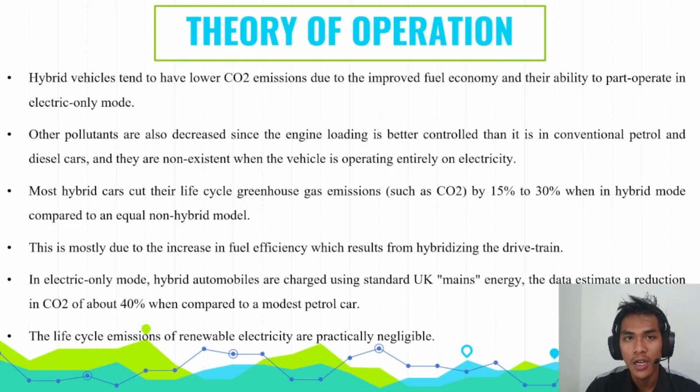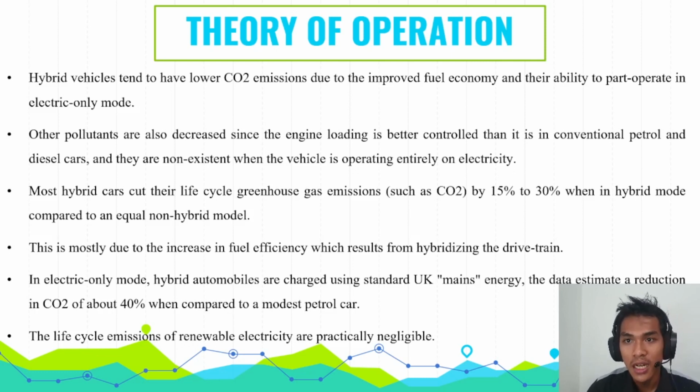My name is Ahmad Zairy bin Jamaludin, and I'm going to explain the theory of operation for hybrid vehicle on how it produces lower emission. So, hybrid vehicles tend to have a lower carbon dioxide emission due to the improved fuel economy and their ability to partly operate in electric only mode.